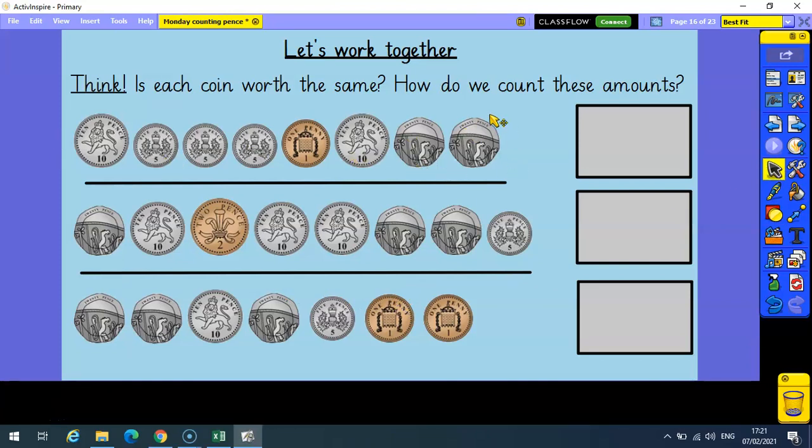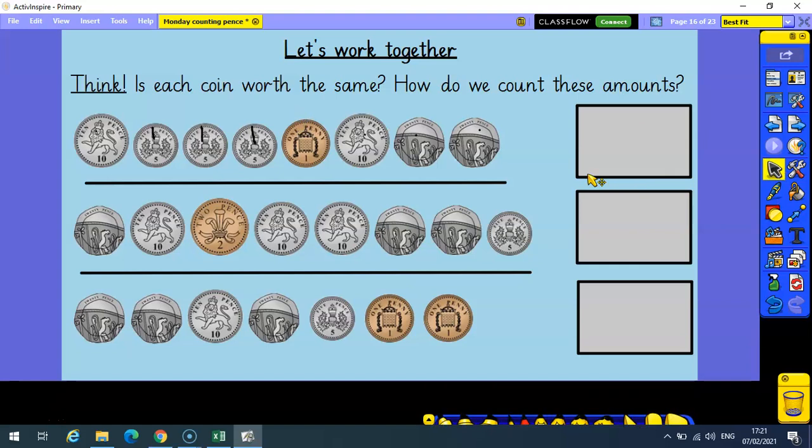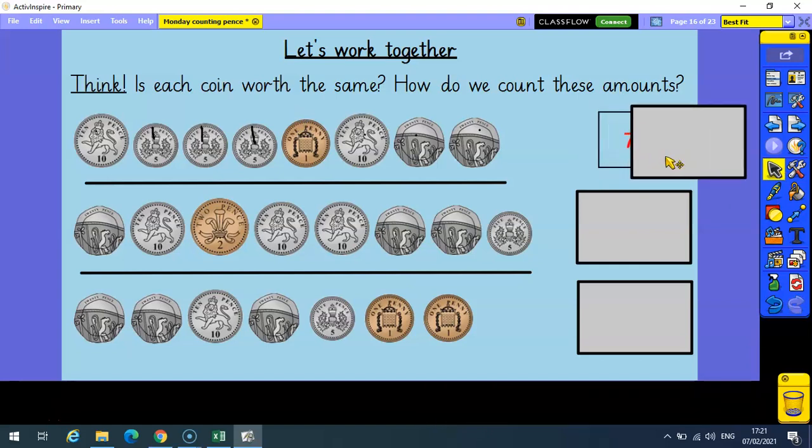Looking in this row, I know that the coins of the biggest value are the 20s. 10, 20, 30, 40, 50, 60, 65, 70, 75, and one more equals 76. 76 what? 76p.